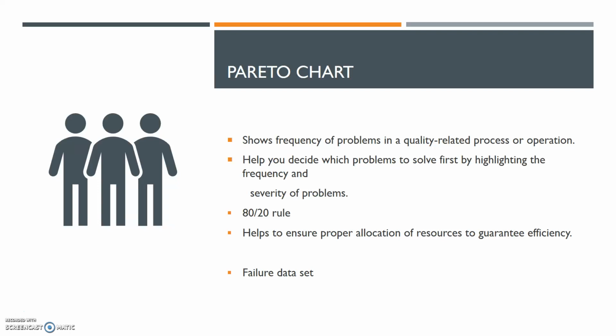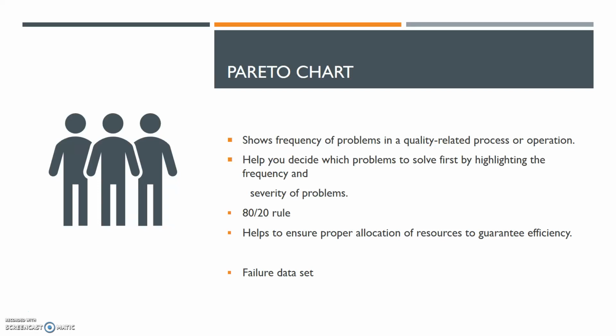This chart basically shows the frequency of problems in a quality related process or operation. It is good in helping managers, business owners, or even industrial engineers to decide which problems to solve first by highlighting the frequency and severity of the problems.